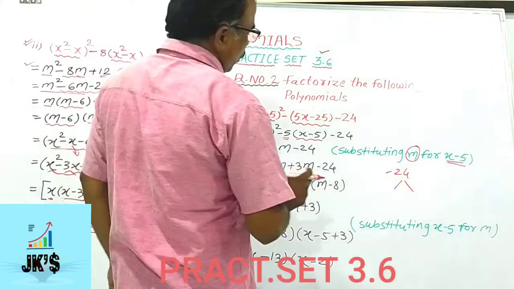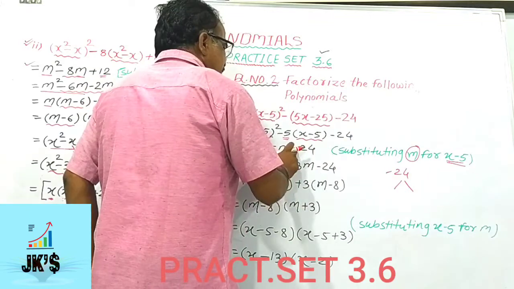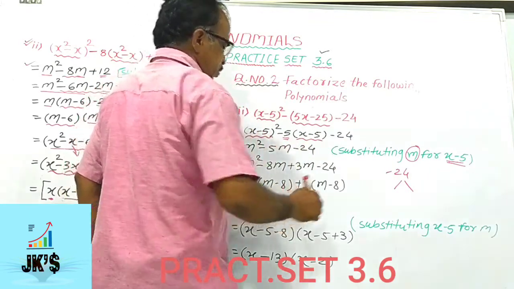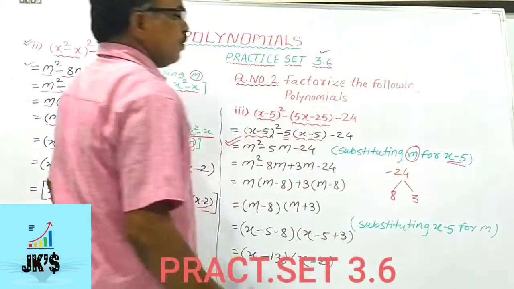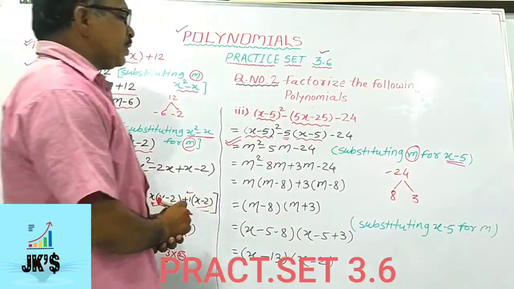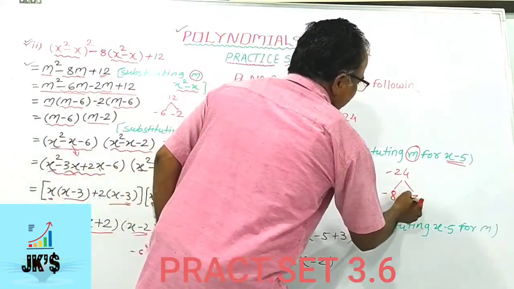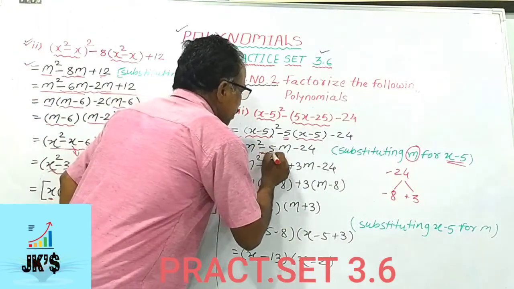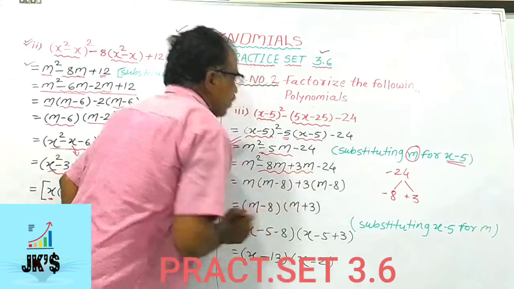Minus 24 is factorized such that the difference is 5, that is 8 and 3. We are going to subtract, which means give the sign of the middle term to the greater one and the opposite to the smaller one. So this −5m is written as −8m + 3m.